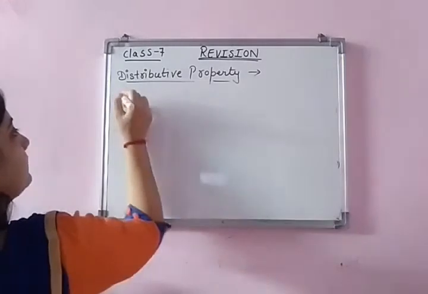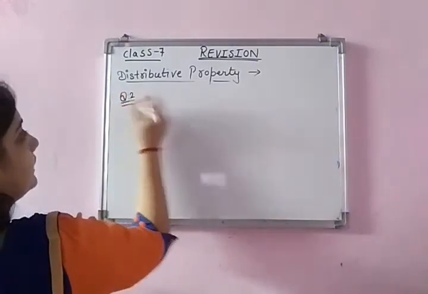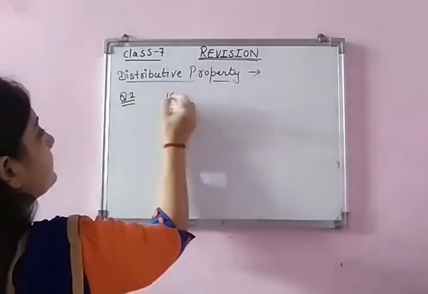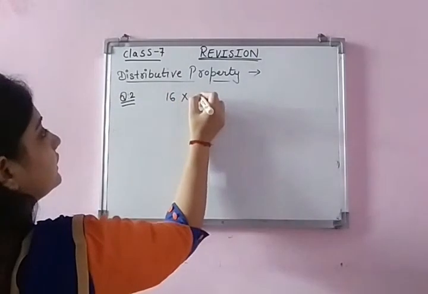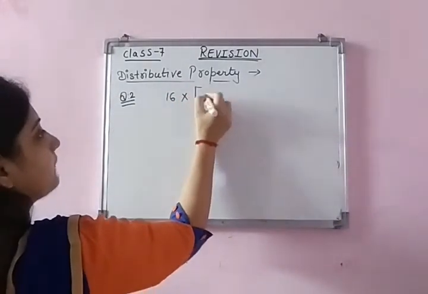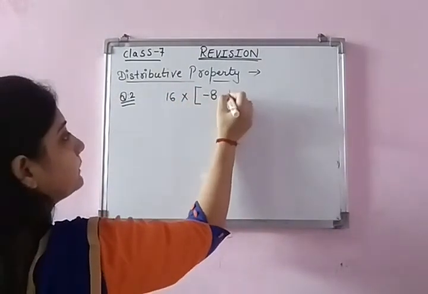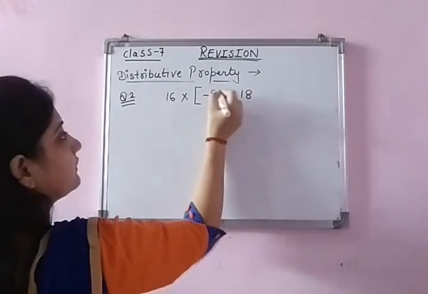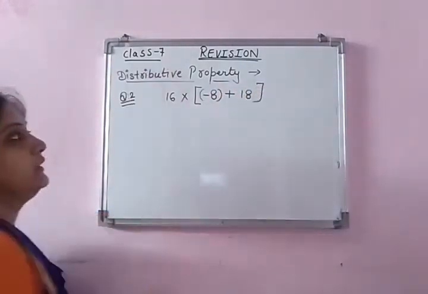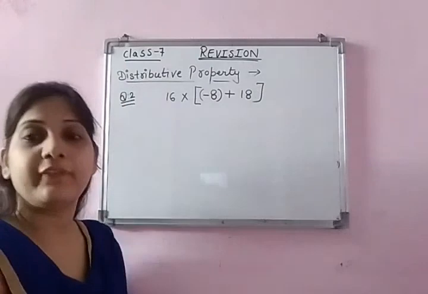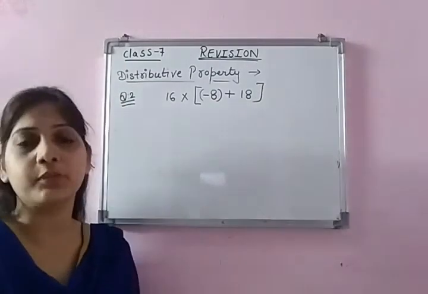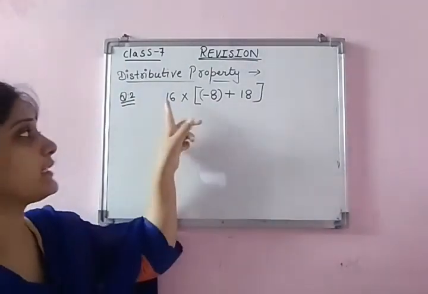Let's see question number 2: 16 multiplied with (-8 plus 18). Solve it, simplify. Do you think it is distributive property? Yes, this is the distributive property.